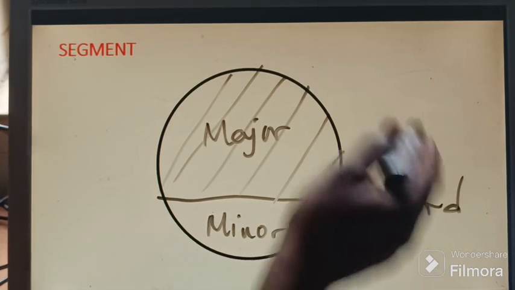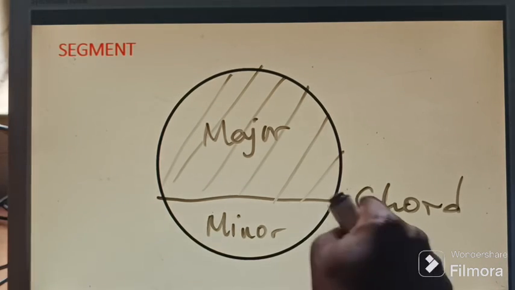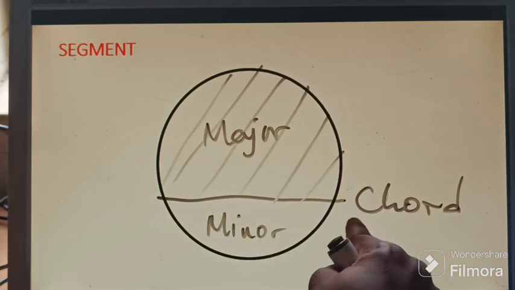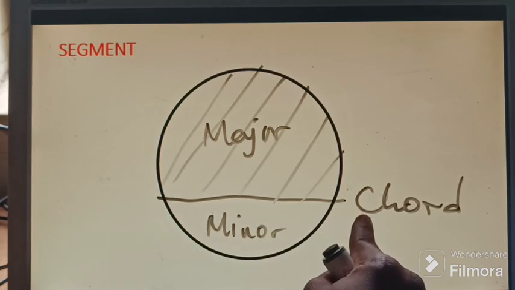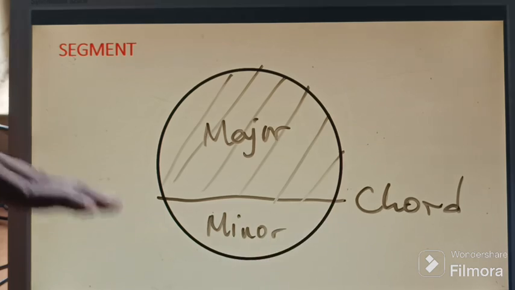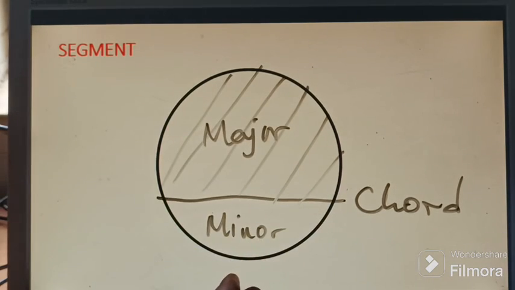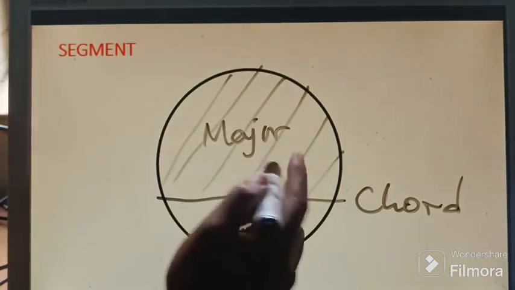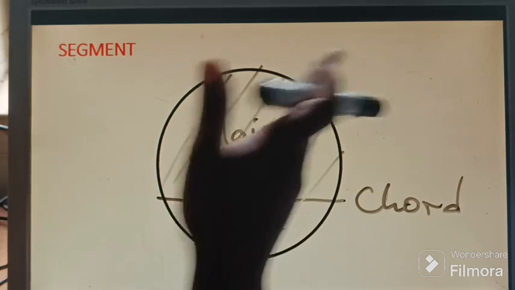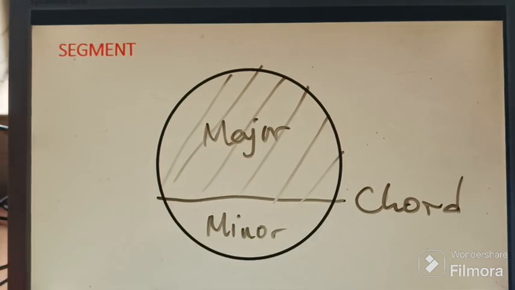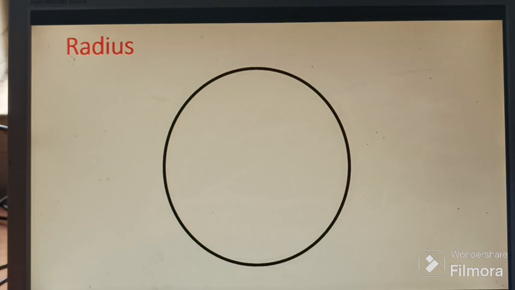So a chord is a line that cuts the circumference at 2 points, but it also divides our area into 2 parts, and those areas are called segments. So we have the major segment, the bigger area, and the minor segment, the smaller area of the circle cut by the chord.